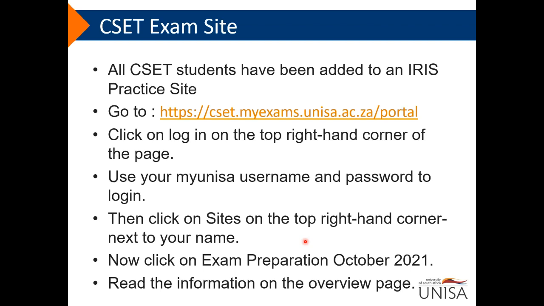If you do not do the practice test and you have a problem with IRIS during the examination, and you let your lecturer know, we will first check if you've done the practice test, and you may have to do the practice test during the examination. So we ask all students to go and do the practice test first. So make sure you do the practice test.